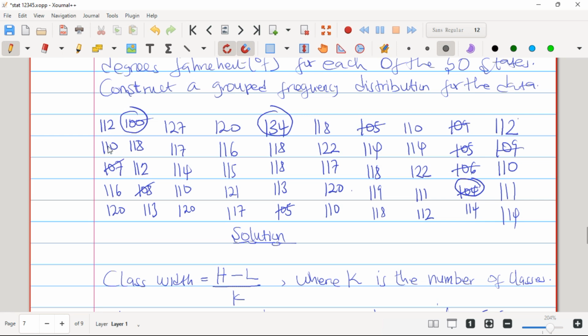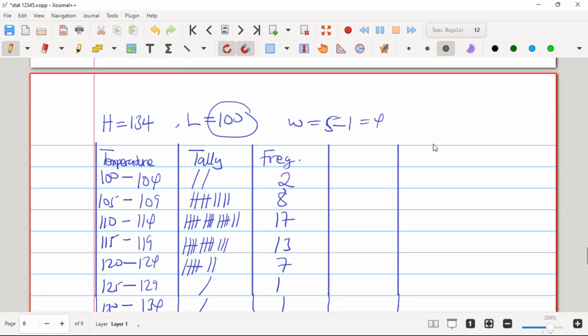We are getting 1, 2, 3, 4, 5, 6, 7, 8, 9, 10, 11, 12, 13, 14, 15, 16, 17, 18. 18 observations, right? So here is 18.